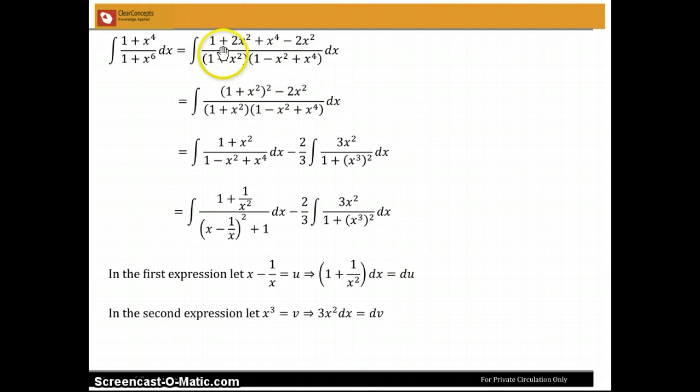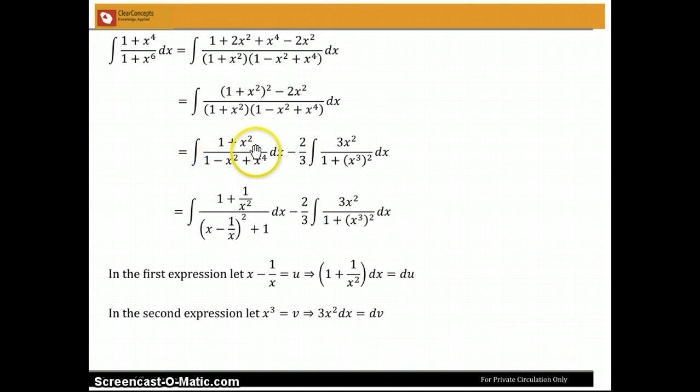So doing exactly what we said, adding and subtracting 2x squared in the numerator, and factorizing the denominator as a sum of cubes, so 1 plus x squared, 1 minus x squared plus x to the power 4. The first three terms in the numerator become 1 plus x squared whole squared, and then I have the minus 2x squared by itself. Now I'm able to split this into two different integrals.